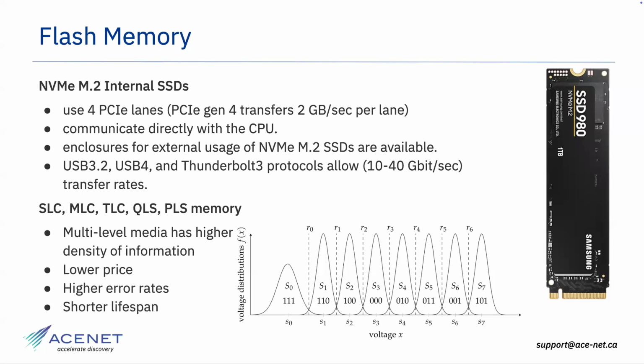So what is NVMe? Flash memory is so fast that the 600 megabytes per second common serial ATA interface used by mechanical drives was not able to keep up with the requirements of data transfer speed. And the new interface, known as Non-Volatile Memory Express, NVMe, has been developed to address this bottleneck.